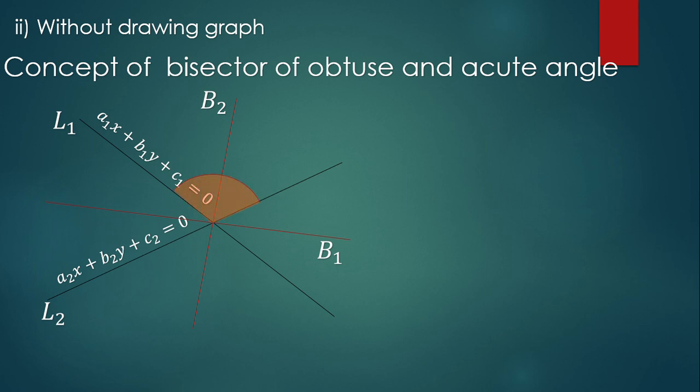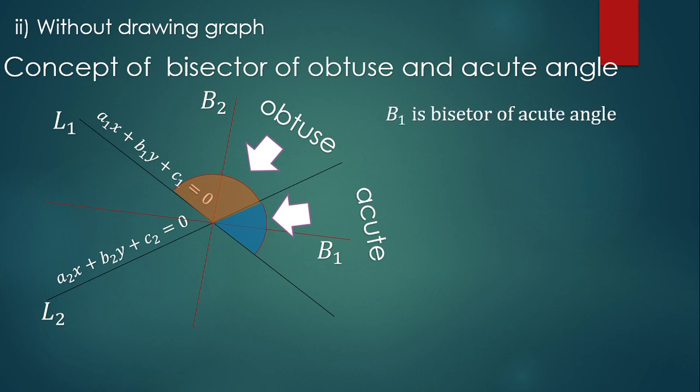Then the angle which you see in this video is an obtuse angle because it is more than 90 degrees, and this is obtuse and this is acute. So clearly we can say that B1 is the bisector of the acute angle and B2 is the bisector of the obtuse angle.